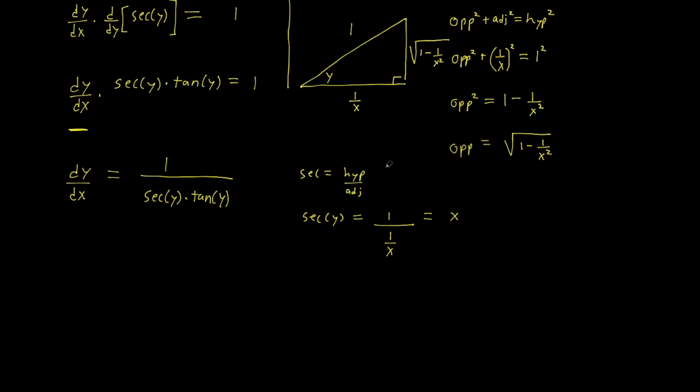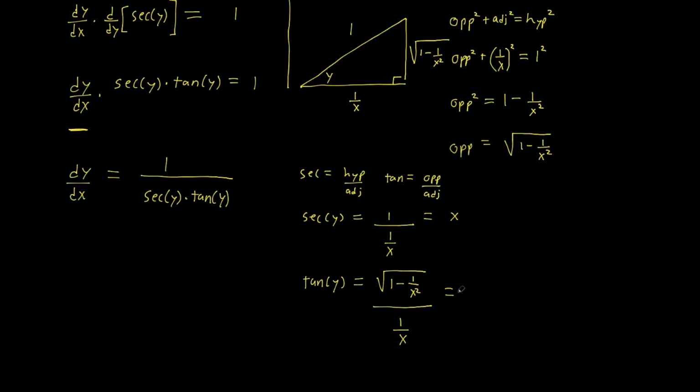Now the other thing that we're looking for is tangent y, and tangent is equal to opposite over adjacent. So tangent of y is going to be equal to opposite side, which is square root of 1 minus 1 over x squared, over the adjacent side, which is 1 over x.